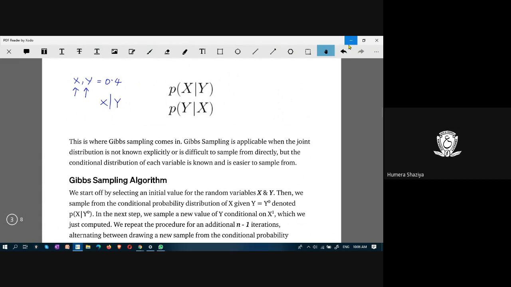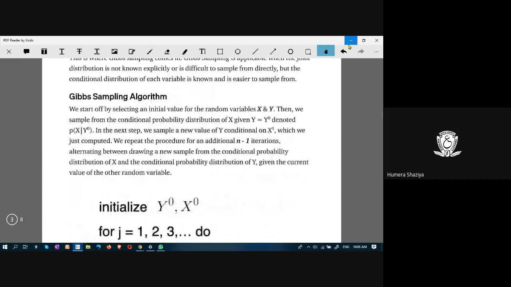But then it relies on the conditional distribution. This conditional distribution is about knowing the occurrence of an event given or conditioned on another event. When you know this, you can obtain the joint distribution through a Gibbs sampling algorithm.